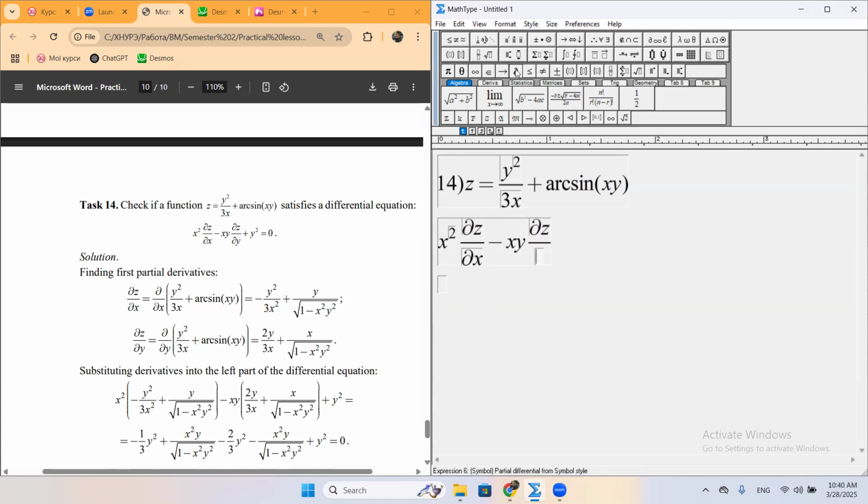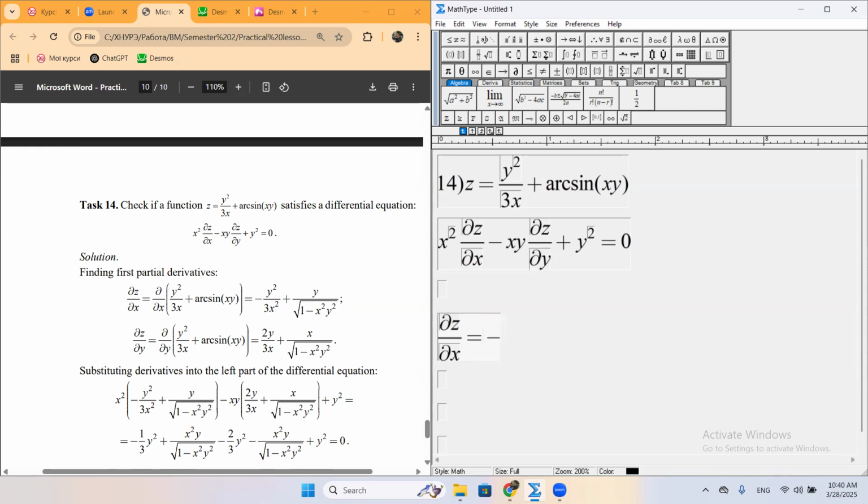So writing down this differential equation. So finding first derivatives, partial derivatives. So differentiating by x. So what do we have?